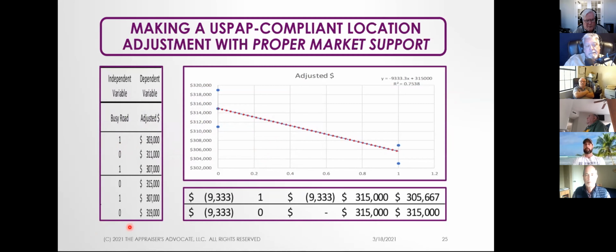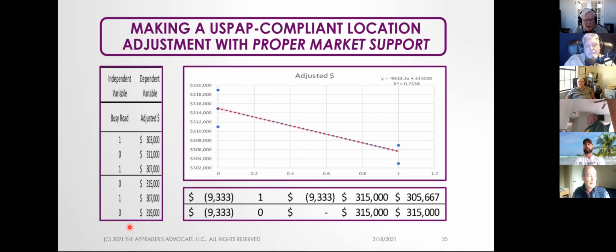These are called dummy variables. So 101010, well, anyway, 101010. And these are the adjusted sale prices of these houses. We've adjusted for GLA, we've adjusted for condition, quality, age, all the adjustments are made, and we're left at the bottom of the grid with adjusted sale prices of 303, 311, etc.